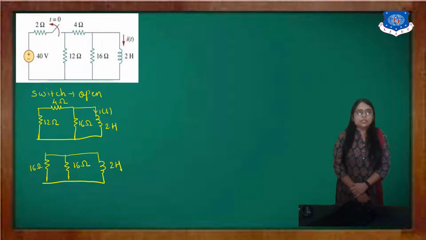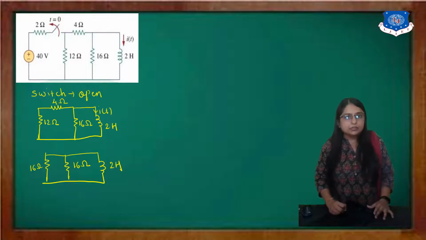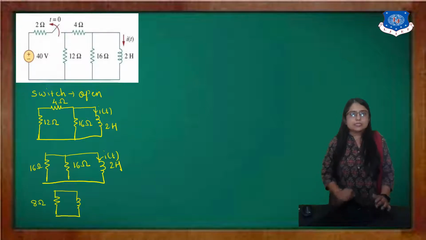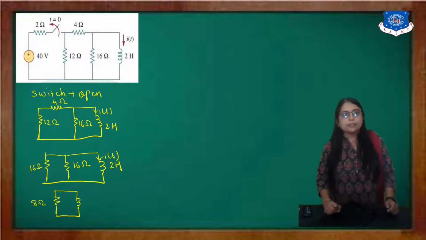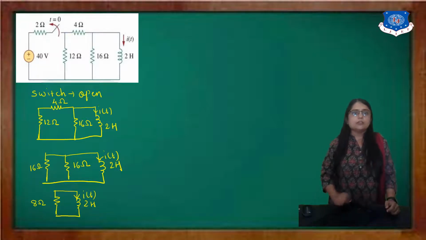Now carefully, this 16 and 16 are connected in parallel, and here the current is i(t). So 16 parallel 16, what do we get? We get 8 ohm, because 16 multiplied by 16 divided by 16 plus 16. And this is 2 Henry, and here the current is i(t).